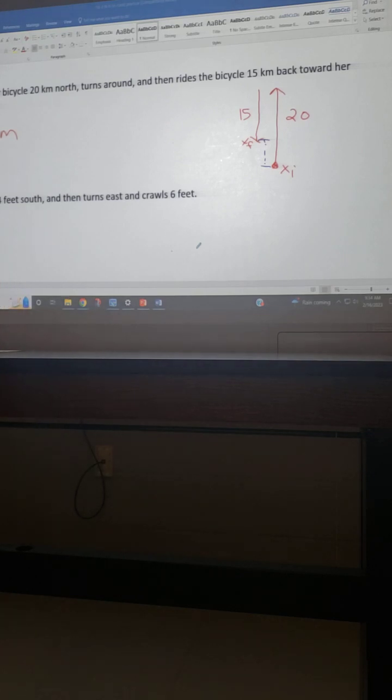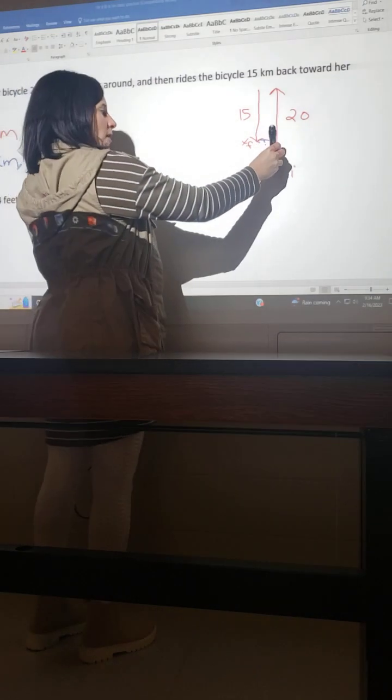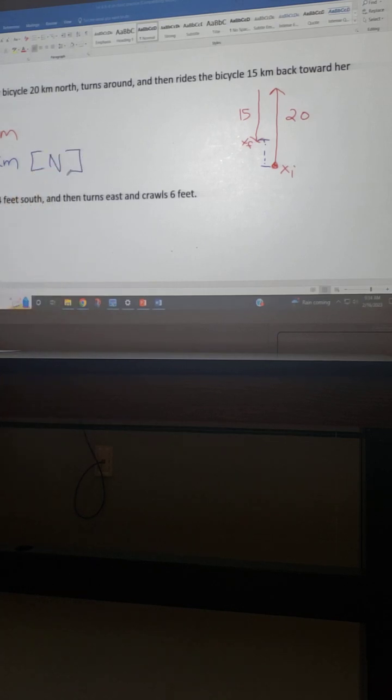So what's that gonna be? What do you think, Ethan? 5 kilometers. Okay, 5 kilometers. And my little trick is put it where I start, point to where I finish, and it's pointing north. Good? All right, here's the last one.